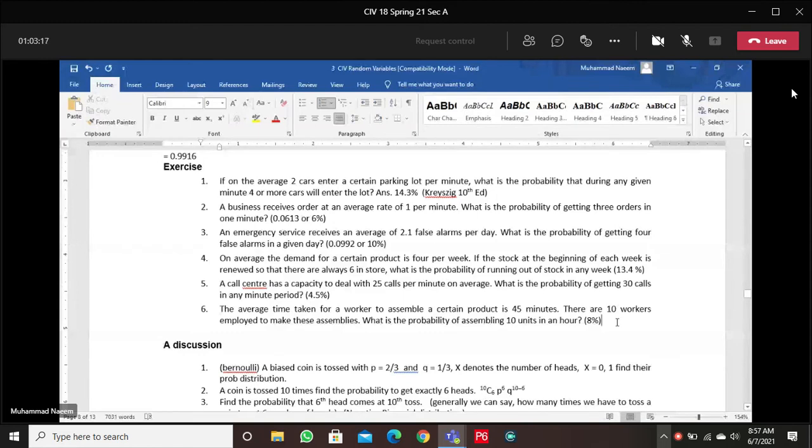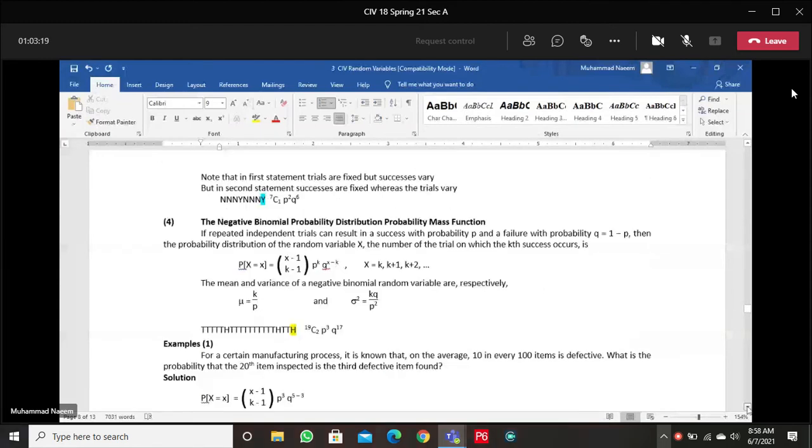Okay, next is Bernoulli. First, try to understand the difference between a Bernoulli and, I'm sorry, not Bernoulli, negative binomial and binomial.